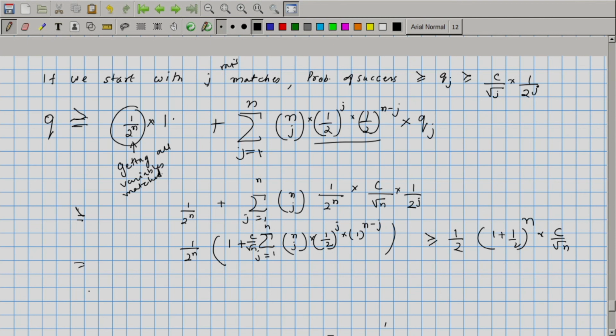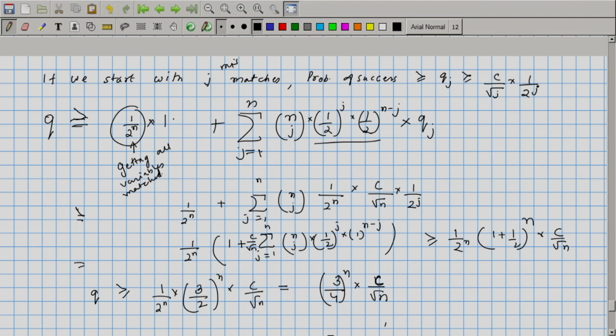Okay. So, we will get q to be greater than, so there is 1 by 2 raised to n also outside, 1 by 2 raised to n into 3 by 2 raised to n times c by root n, which is equal to 3 by 4 raised to n into 1 by root n.